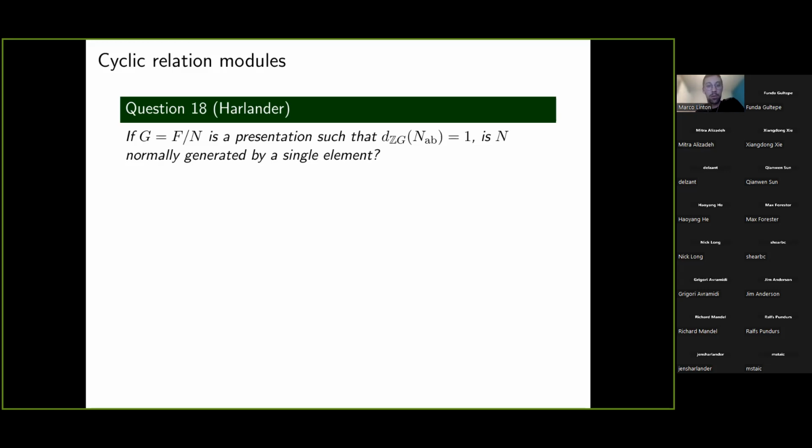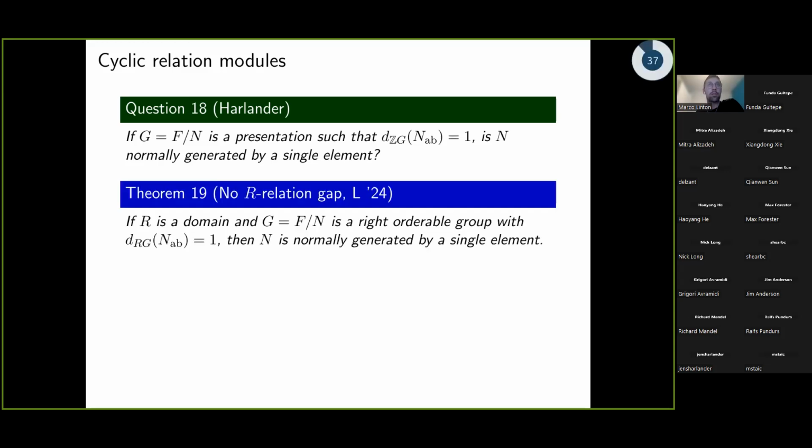Jens proved that there is a positive answer for solvable groups, and one of the main results of this talk is that if you have a group which is right orderable and the relation module is cyclic, and this is valid over any domain, not just Z, then actually your group is a one-related group. So N is normally generated by a single element.